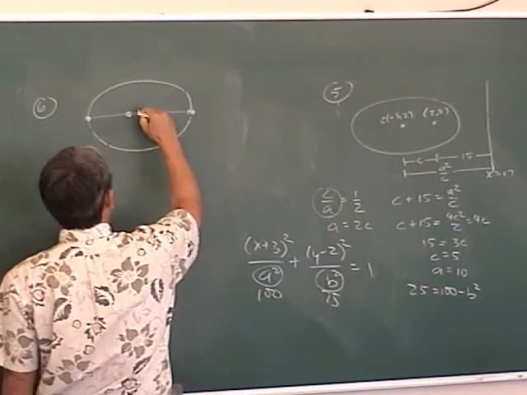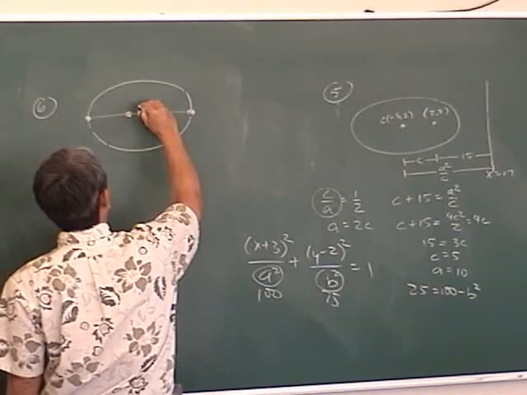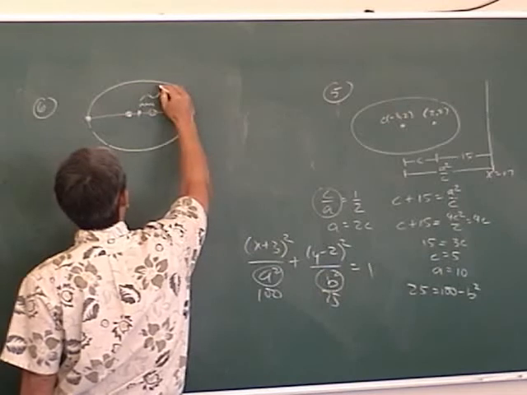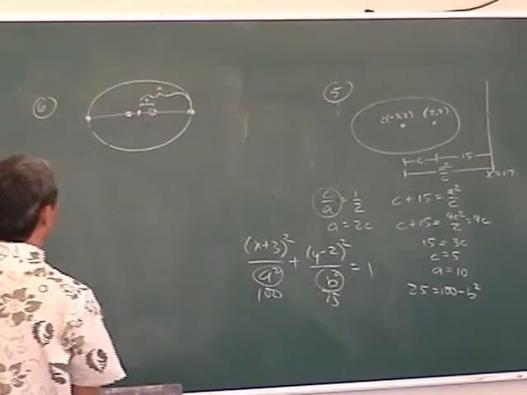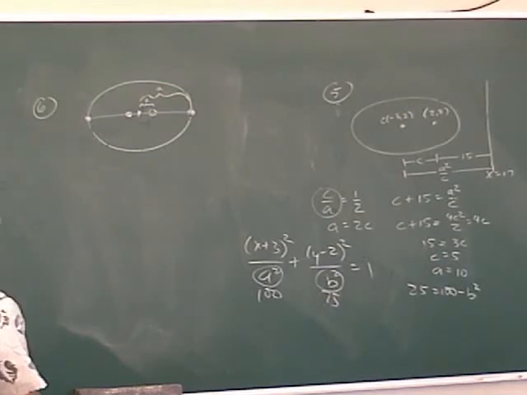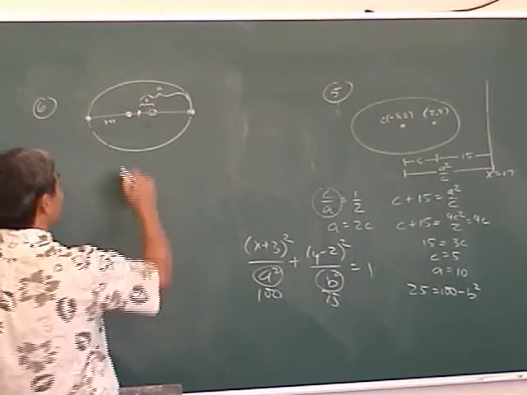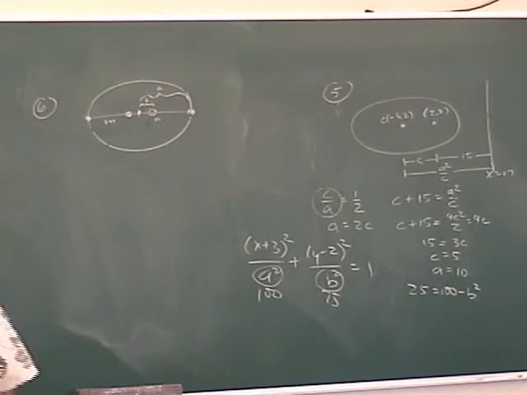Okay, here's the center. A is the distance from the center to the vertex, and C is the distance from the center to the focus. I'm going to call this M for the closest distance from the sun, and I'm going to call this N. You have the numbers there, I just don't want to write all those numbers down.